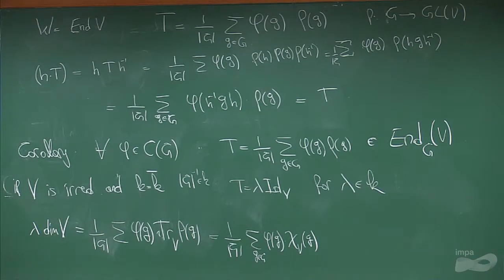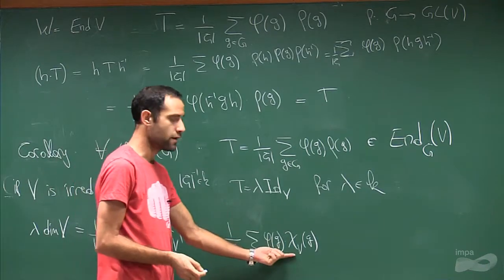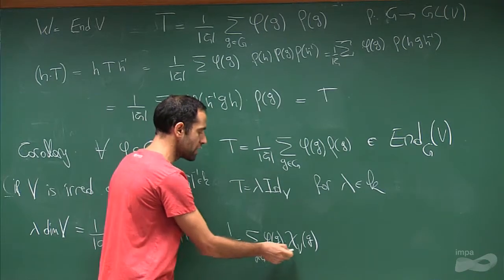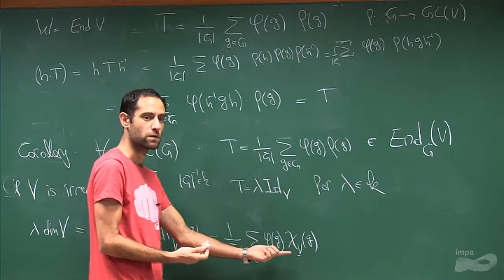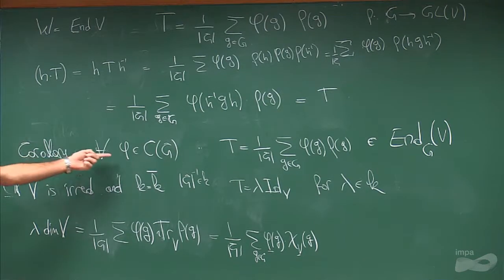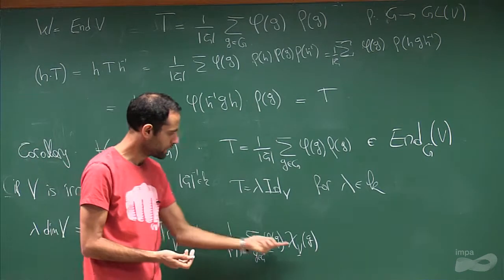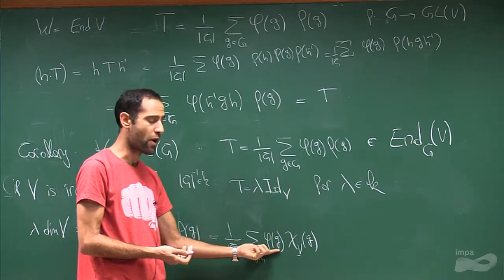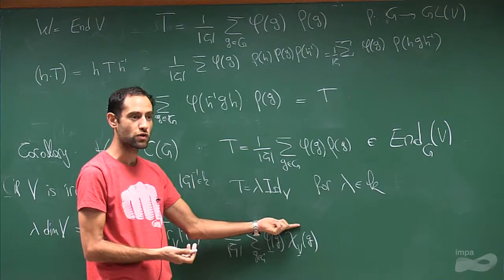And now if you remember, this here was essentially the definition of the inner product between this function and this function, which is what we set out to prove, that there can't be a function here that is orthogonal to every irreducible representation. This is almost like what I had for the inner product. The inner product had a complex conjugate here.